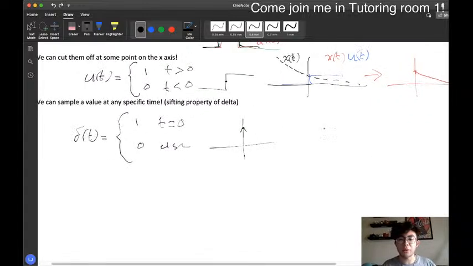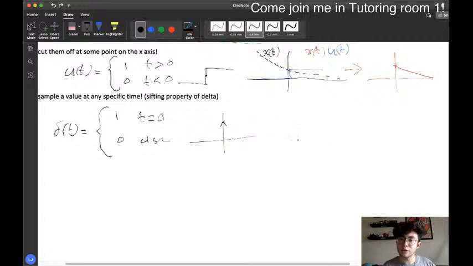So what I want to talk about here is that we can sample a specific value of any function. Let's take our exponential again. If I want to take the value at here, let's call this a, then I would multiply it times a delta function centered at this a value. I'm going to draw the delta function in red.